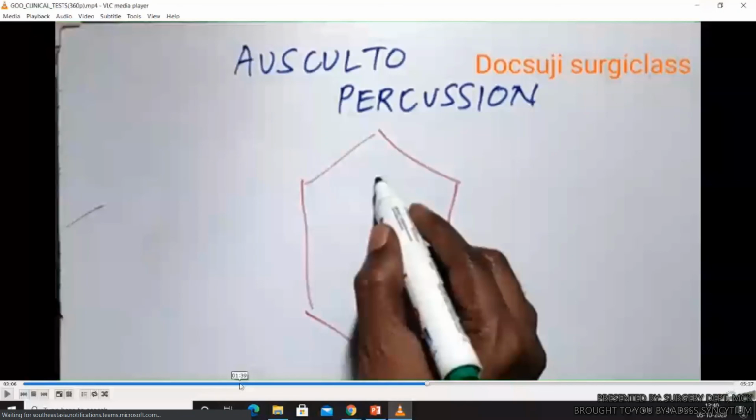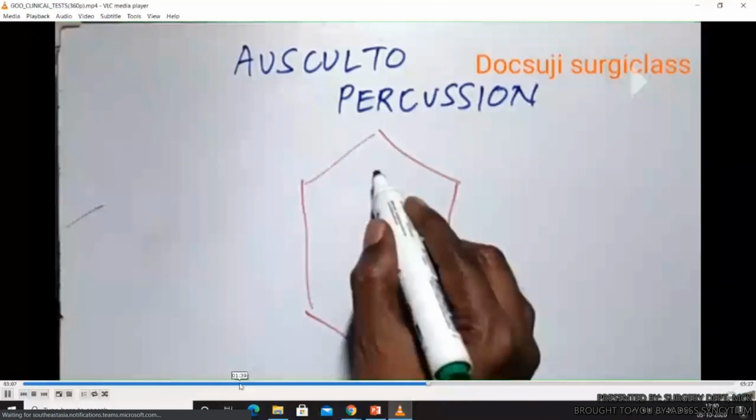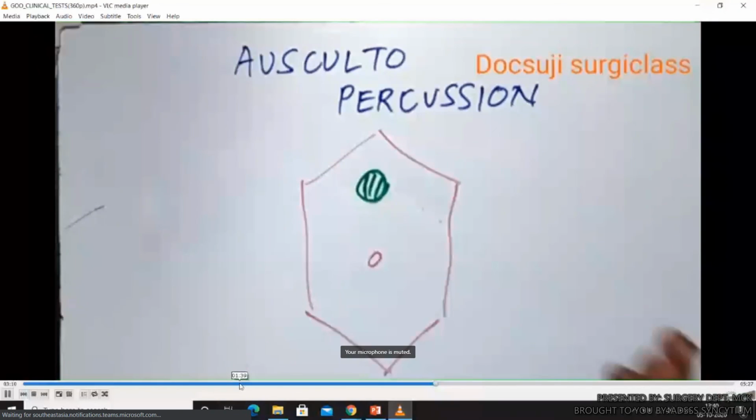Now auscultopercussion. Again, the chest piece is put on the epigastrium just below the xiphoid process.